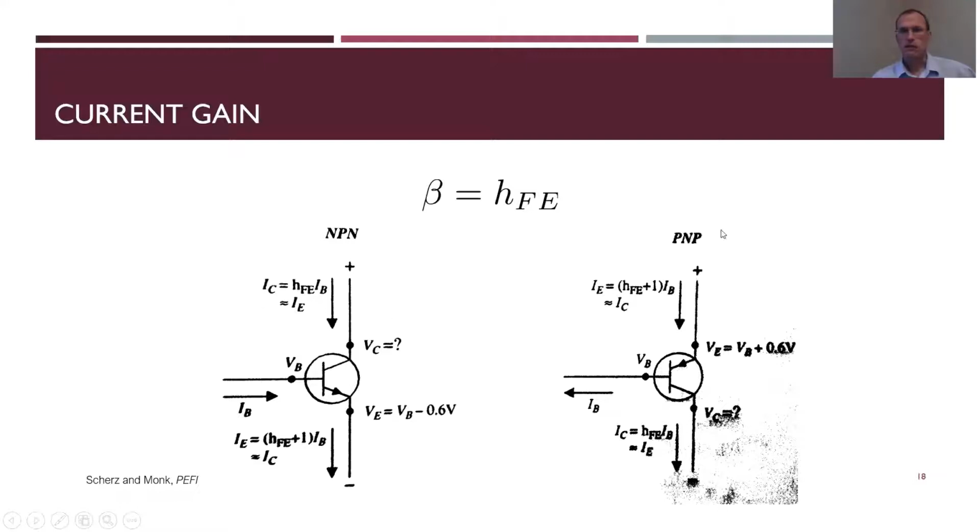Same thing happens for PNP transistors, but slightly different. Again, I also need this voltage to be about 0.6 volts bigger. But here I have some base current this time coming out, some emitter current this time going in, and some collector current going out. Again, collector and emitter currents are roughly the same thing, as long as beta is big, which it usually is.